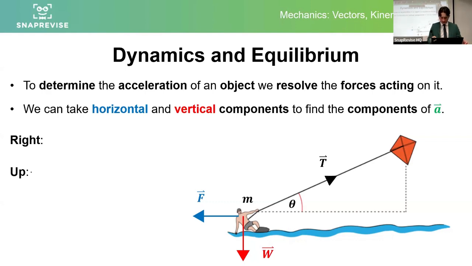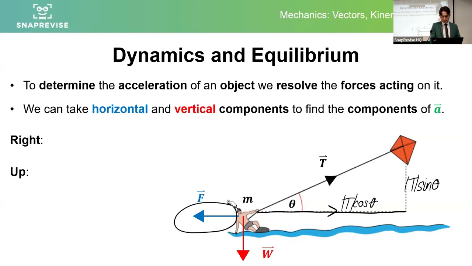Now, if we look at what's happening to the right, similar sort of thing, lots of trigonometry. This is going to be T cos theta. This is going to be T sin theta. So you've got a resistance frictional force here, the weight down, and then this thing holding him up, which has a horizontal and a vertical component.